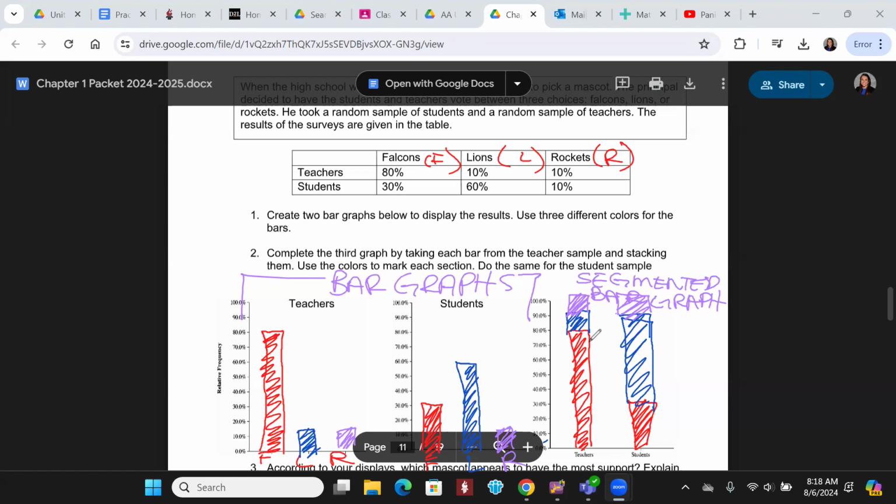Looking at number 3, it says, according to your displays, which mascot appears to have the most support? What do you think? Falcons. Why Falcons?